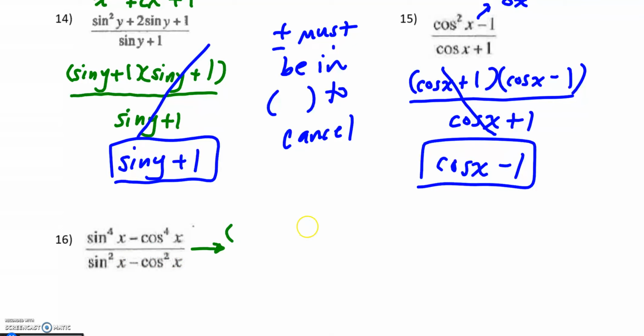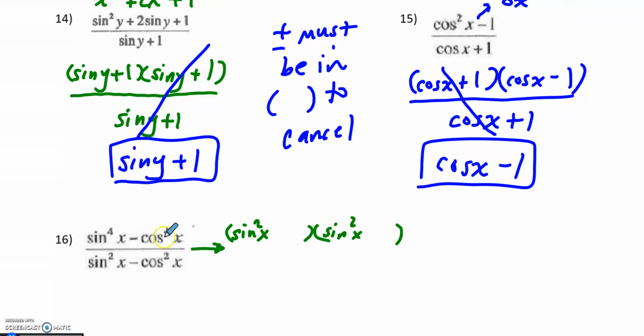If we try to factor the numerator, and again the reason I'm factoring is because we need all these minus signs in parentheses in order to cancel. If I'm thinking the factoring by difference of squares, I'm starting to think kind of square root. So the front of this parenthesis would be sine squared x, sine squared x.